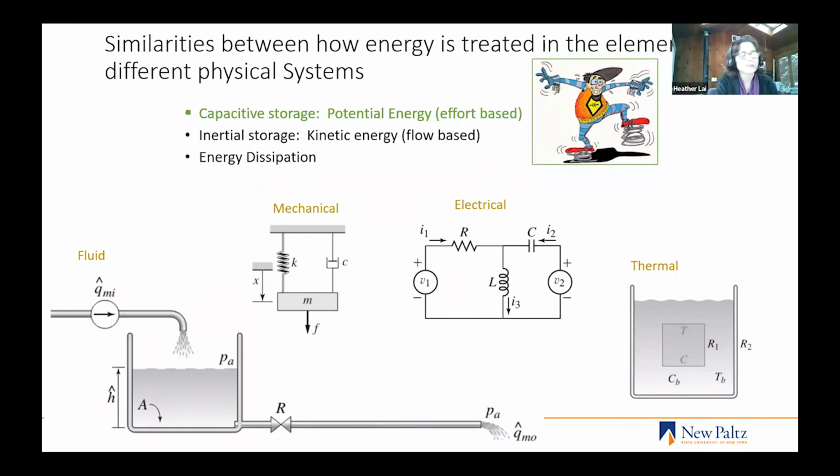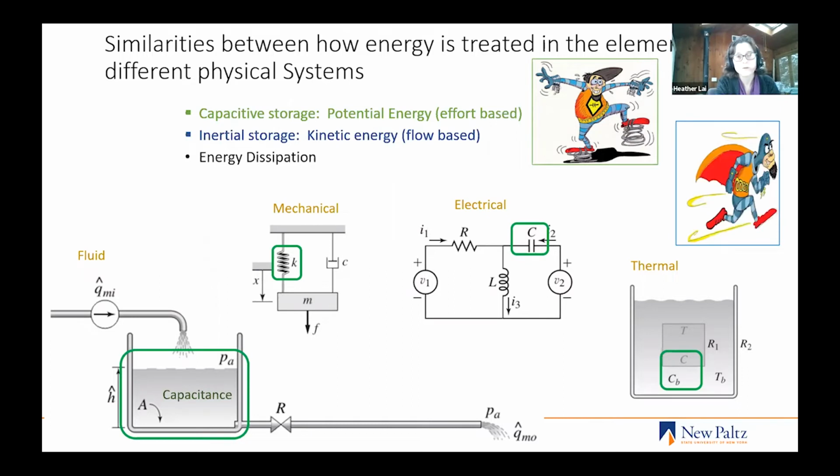And then we go on and we say, okay, now the energy can also be stored in terms of motion or flow based. And here's all of our different elements that are potential energy storers. And then we have for flow based, same thing. Now we have this guy and he's got a little spring looking thing on there because that relates to an inductor in an electrical system, right?